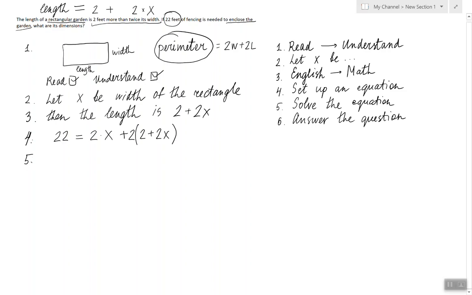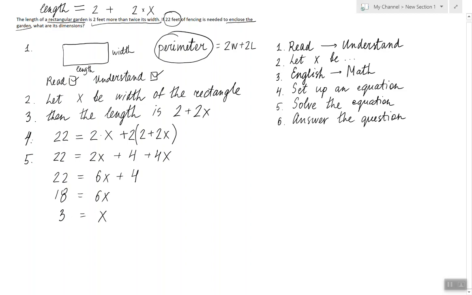It's a very simple linear equation which we solve by isolating the variable x. First we're going to simplify the right hand side, meaning we're going to distribute 2 over this addition and then combine like terms. And after that we're going to isolate 6x by subtracting 4 from both sides and then dividing everything by 3.